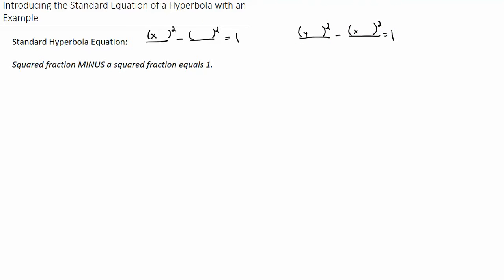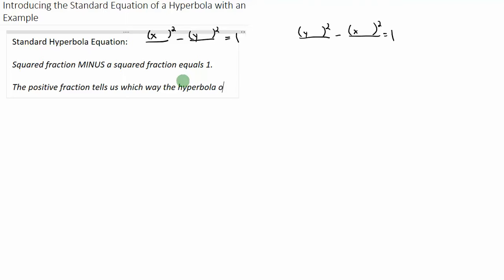And so the positive fraction tells us which way the hyperbola opens. If the x fraction is positive, the hyperbola opens left and right, horizontally, and vice versa.